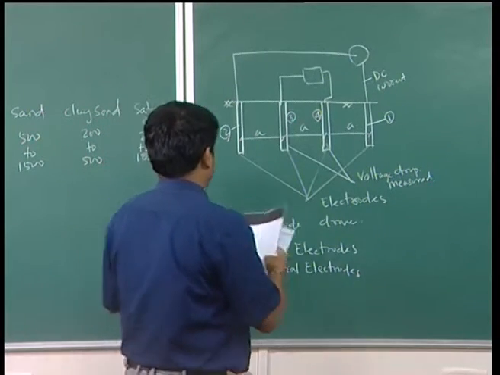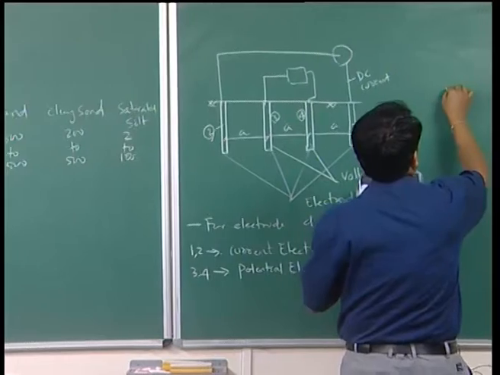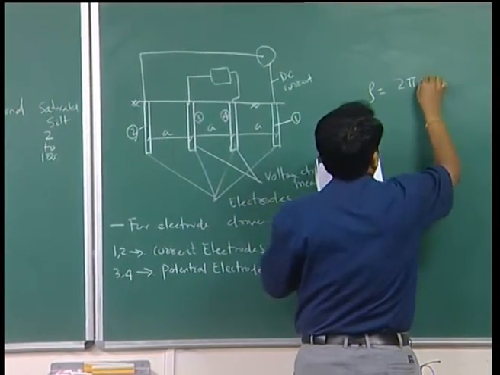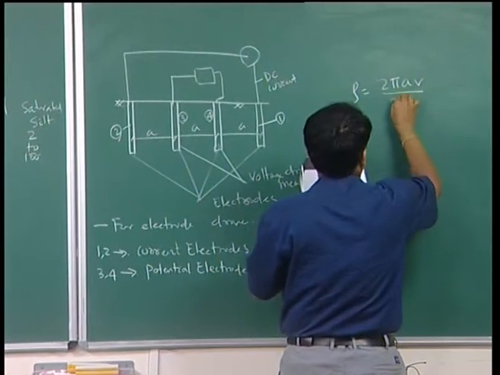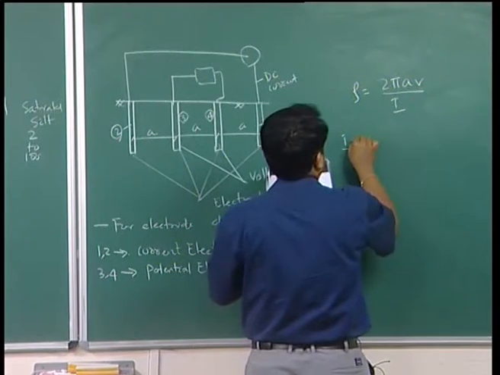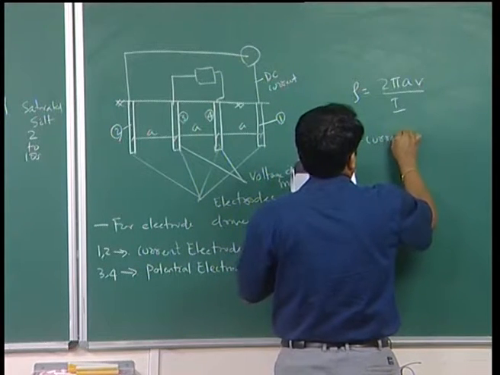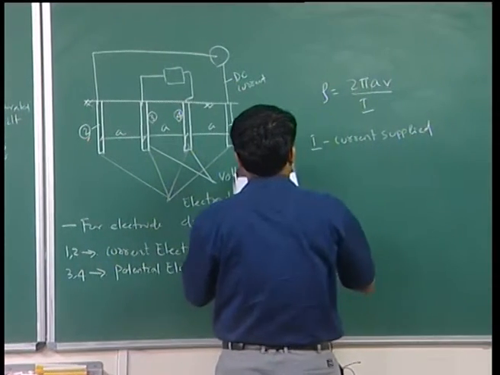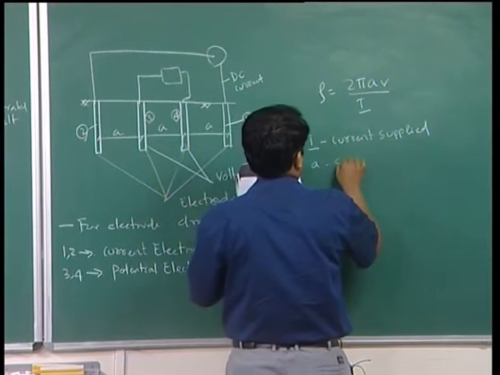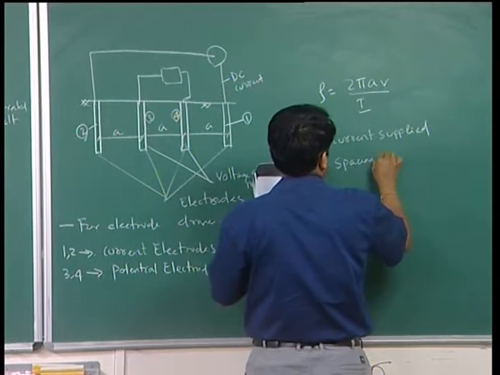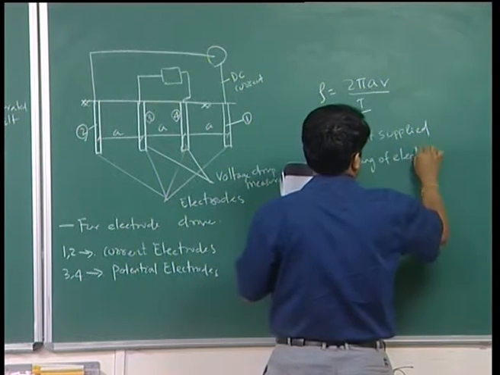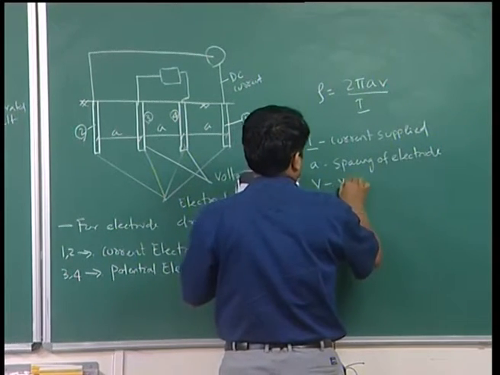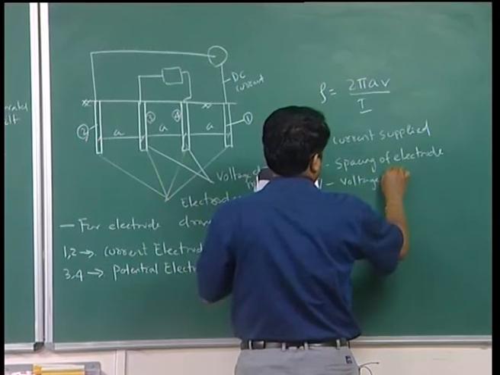So, the mean resistivity rho you can measure by means of 2 pi A V by I, where I is equal to current supplied, A is equal to spacing of electrode, V is equal to voltage drop.